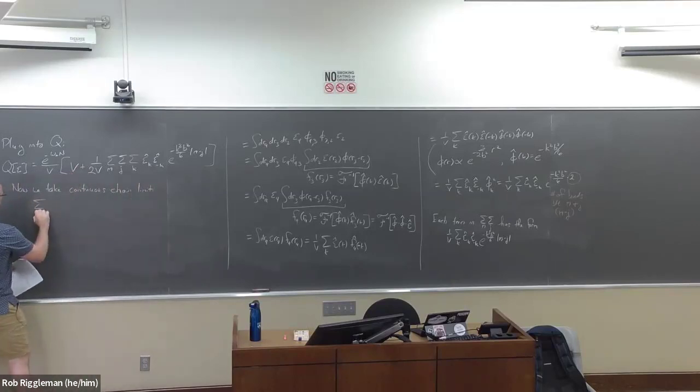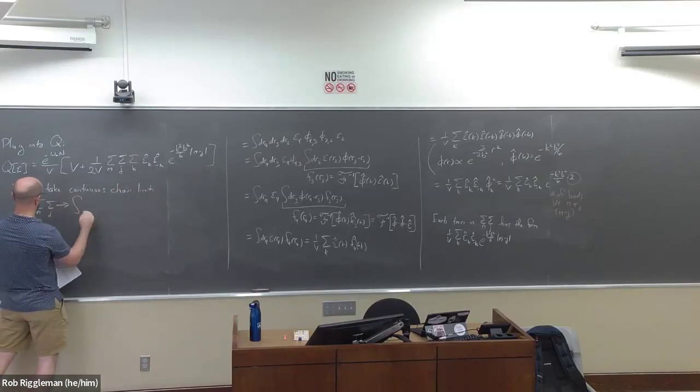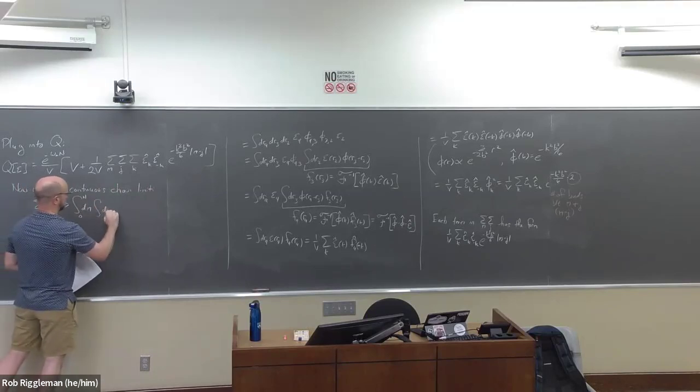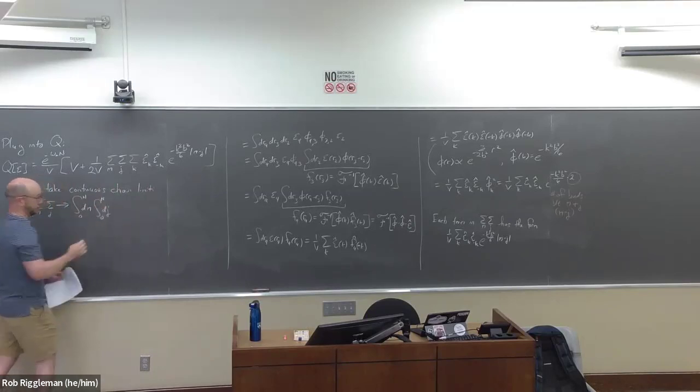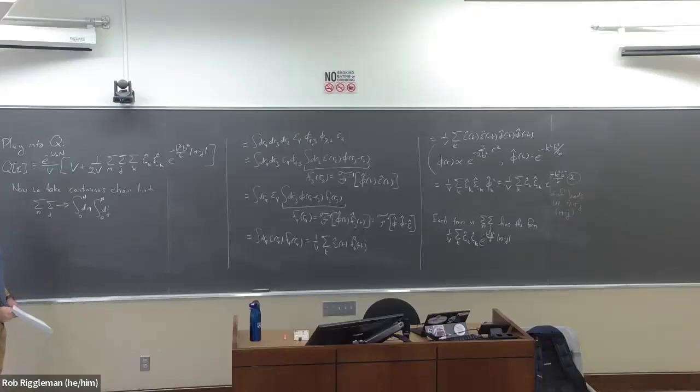So our sum over m and j is going to go to integral dm from 0 to n, integral dj from 0 to n. And again, this is just assuming that there are enough monomers that the distinction between the sums and the integrals doesn't matter.